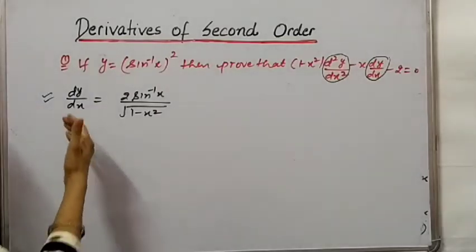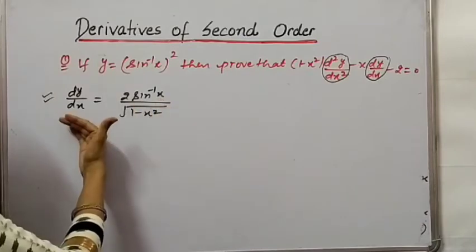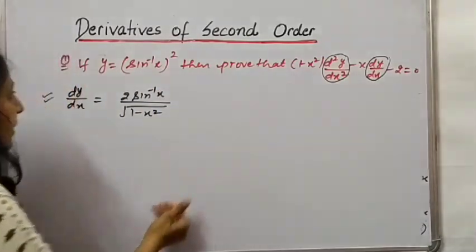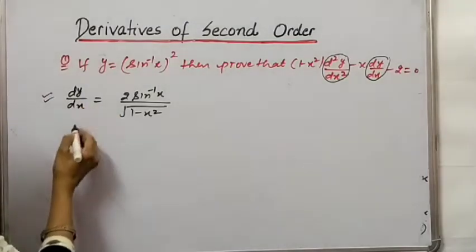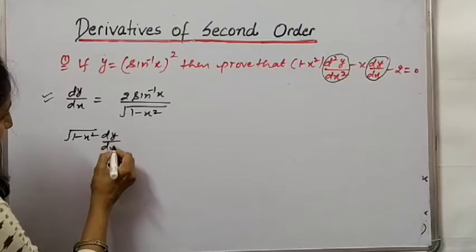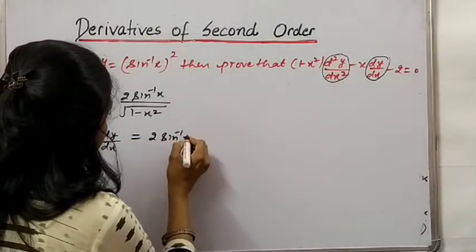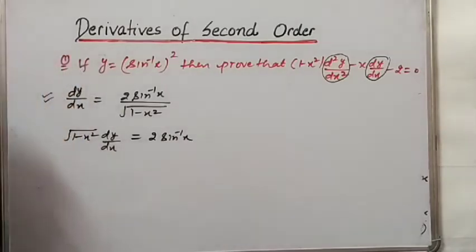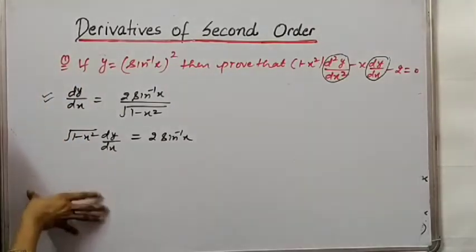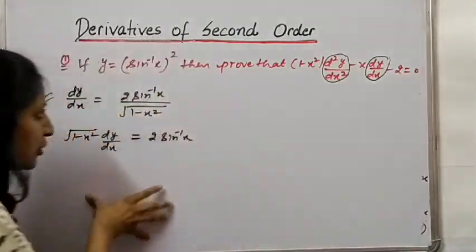But if we differentiate it further, then yes, we can differentiate and we can find the value of the second order derivative, right? But if we apply cross multiplication, we can write it as root 1 minus x square into dy by dx is equal to 2 sine inverse x. Then after differentiating both sides with respect to x, students, you can see in 2 steps you will get your final answer, that is the whole expression will come within 2 steps.